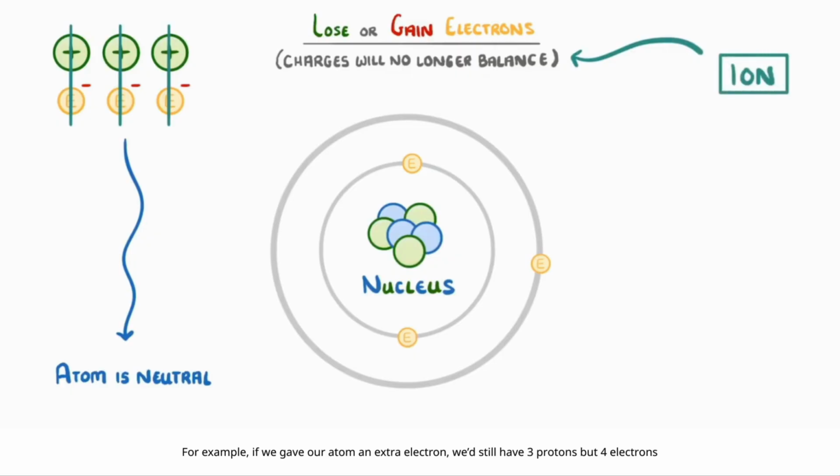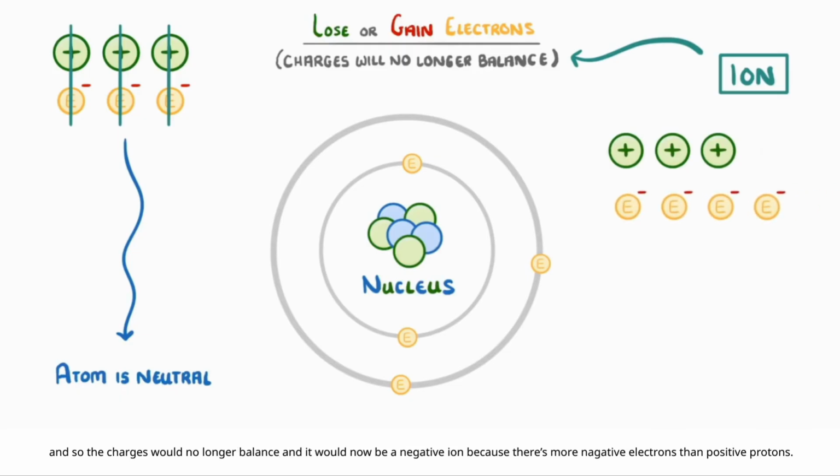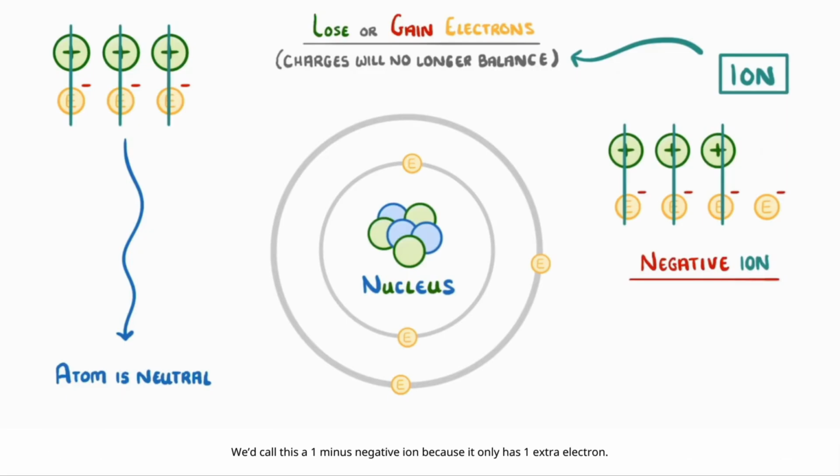For example, if we gave our atom an extra electron, we'd still have 3 protons, but 4 electrons, and so the charges would no longer balance, and it would now be a negative ion, because there's more negative electrons than positive protons. We'd call this a 1- negative ion, because it only has 1 extra electron.